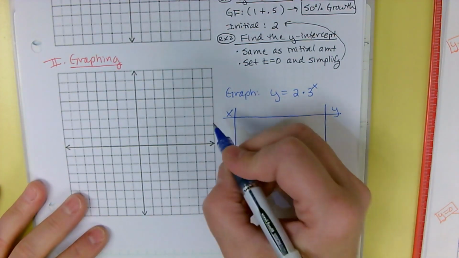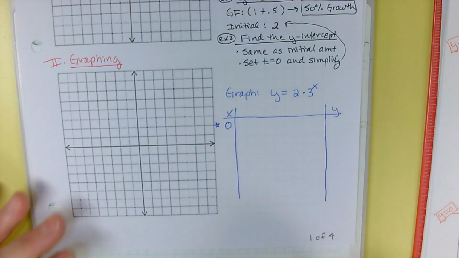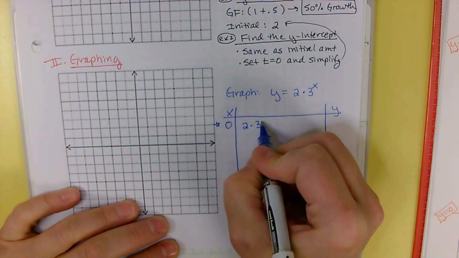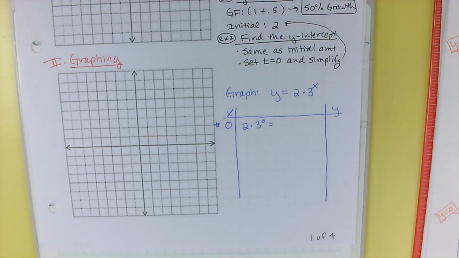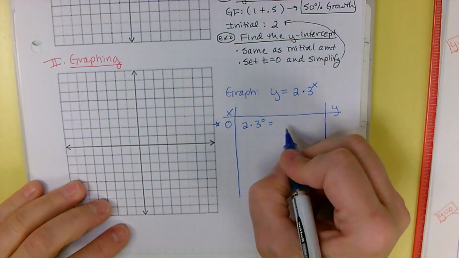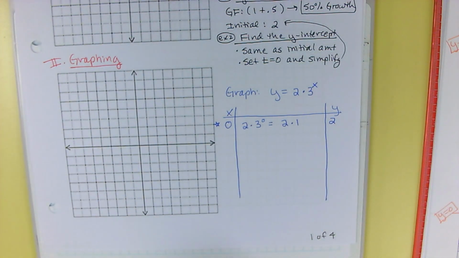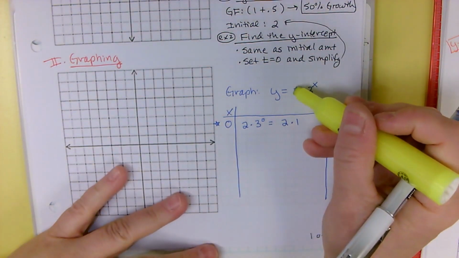Okay, so first thing you always want to start with is if x is 0. If x is 0, we have 2 times 3 to the 0. And of course, anything to the 0 power is 1. So this is 2 times 1, which is 2. It's also the a value at the front.